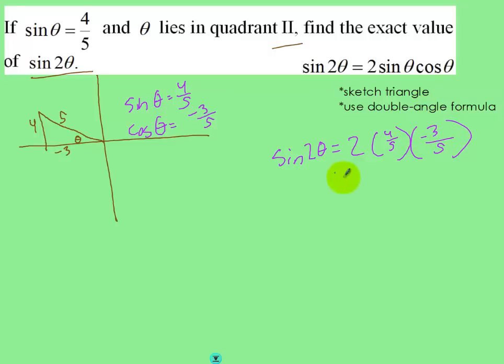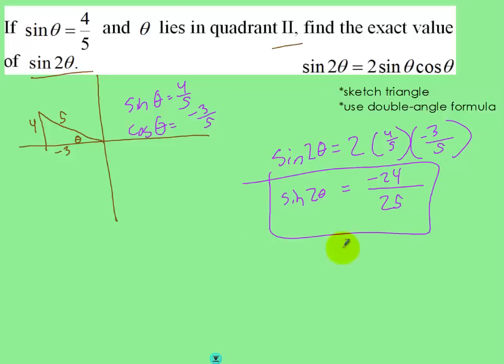Multiply that out: 2 times 4 times negative 3, so negative 24/25. That's what sine of 2 theta would equal.